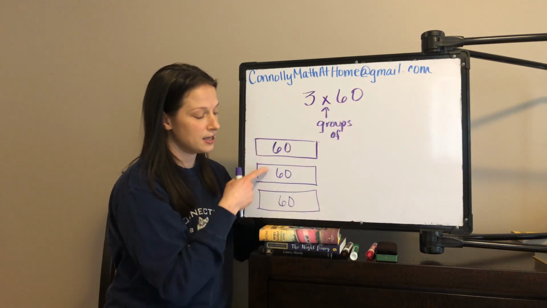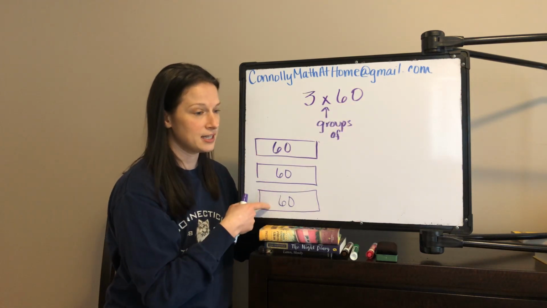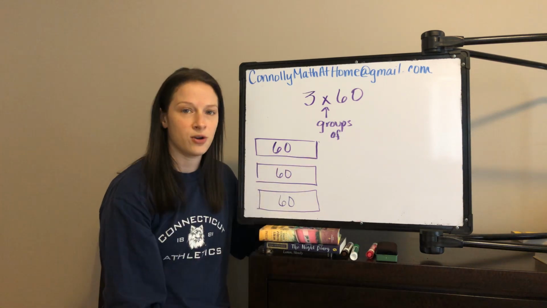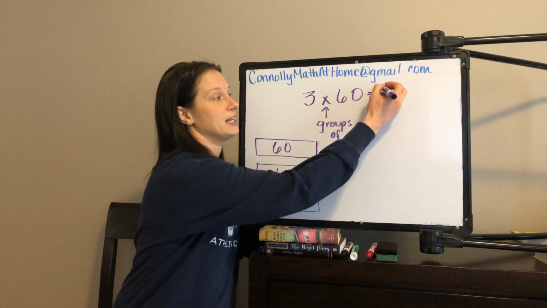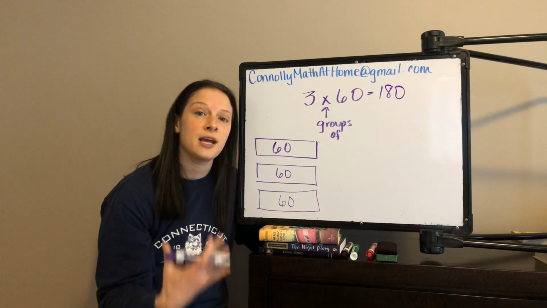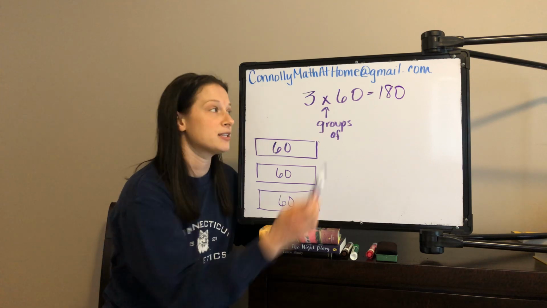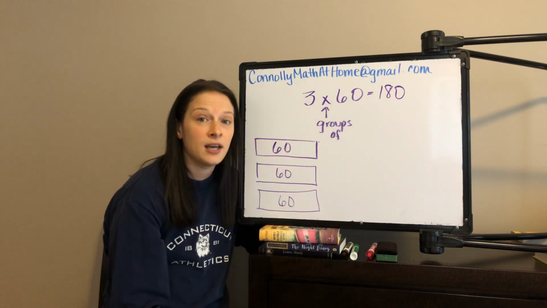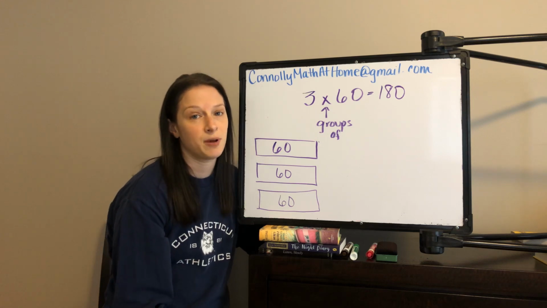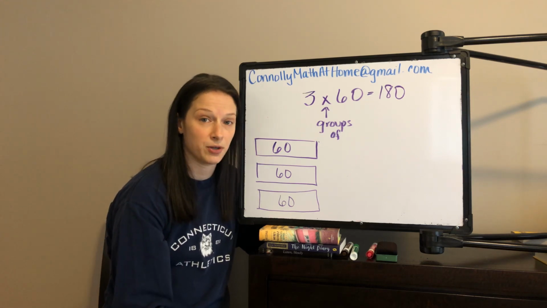I see 60 plus 60 plus 60. I walked the entire path each day, so I know that I walked 180 kilometers. That's how we multiply with whole numbers. We think about this as 3 groups of 60, and we're going to use this same idea when we're thinking about multiplying by mixed numbers.